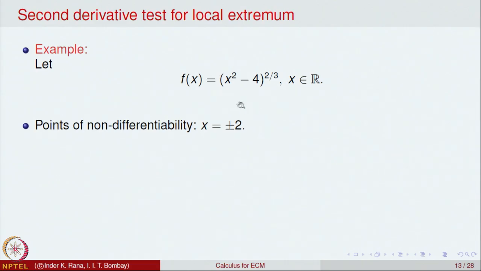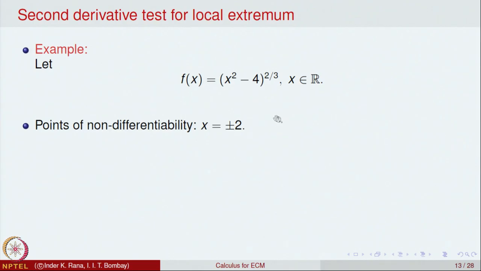Those are the points where the function x square minus 4 will change its nature. Accordingly, the left derivative and right derivative at these points 2 and minus 2 will not be equal. So, this function is not differentiable at the points x is equal to plus 2 and minus 2.